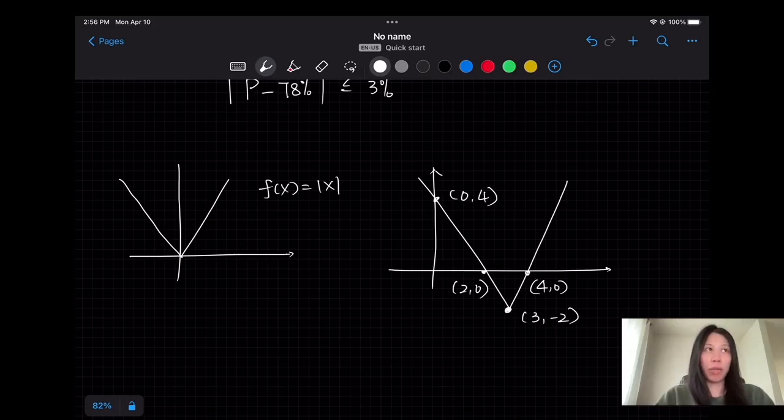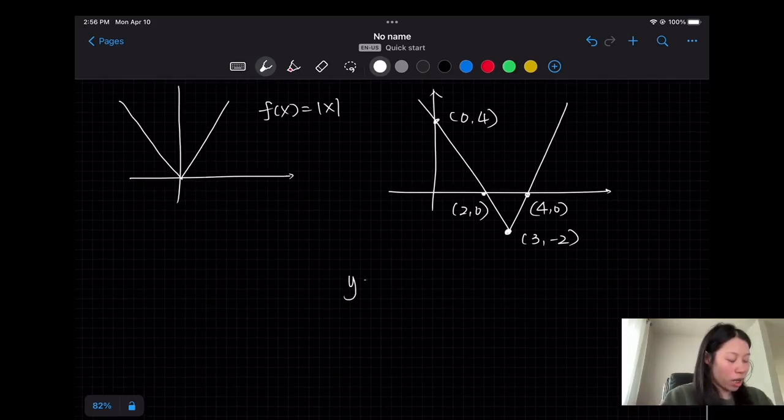Well, think about it. We already learned the transformation of functions in chapter 1, and we know that the function is going to come from y equals the absolute value of x. Let's see what changes have happened here.